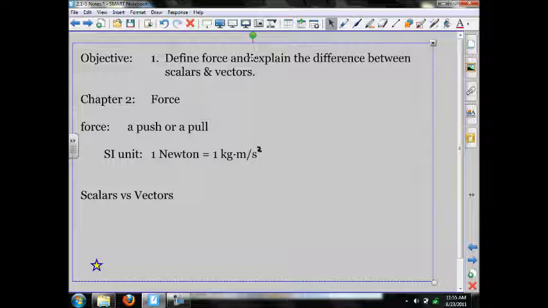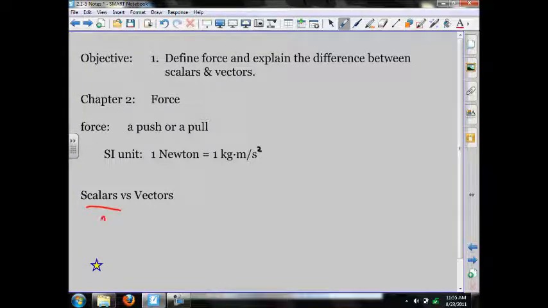What's the difference between a scalar and a vector? A vector has direction, good. A vector has direction. A scalar is simply a magnitude. What's magnitude? Good. How big something is, how large something is.